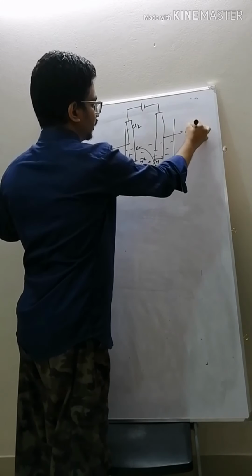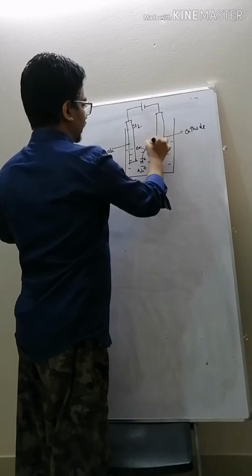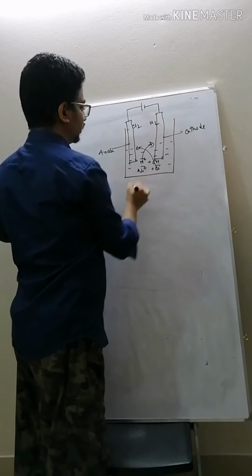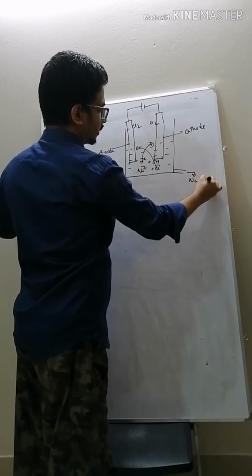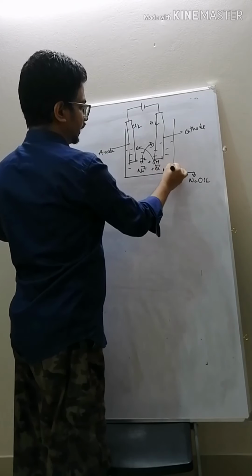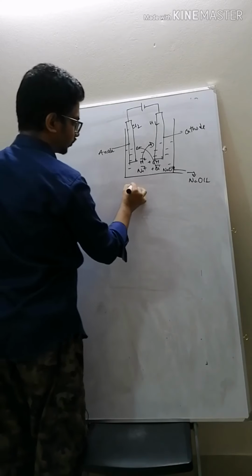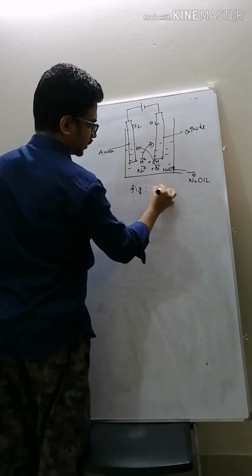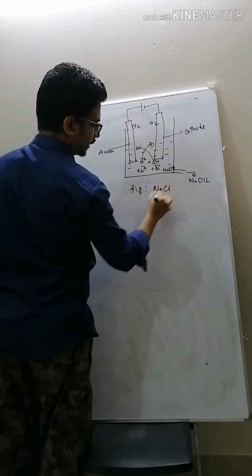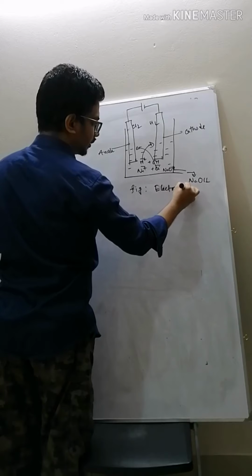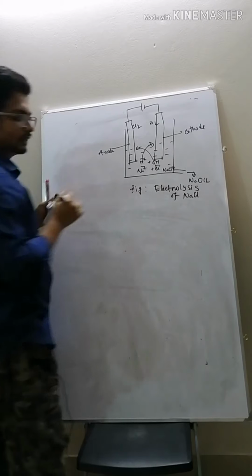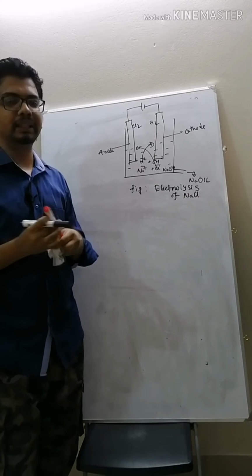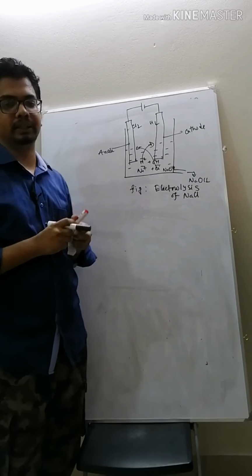In cathode, hydrogen gas is produced, and here sodium hydroxide in the solution. Electrolysis of sodium chloride. Okay, we think that you get my point.